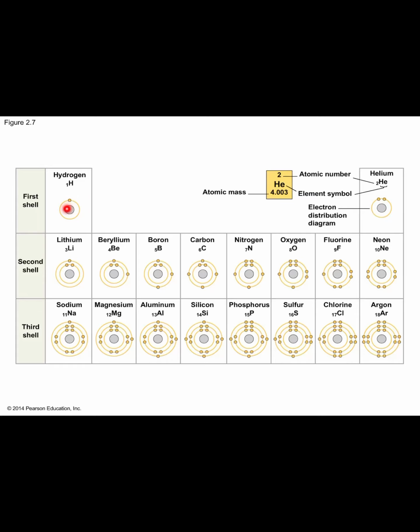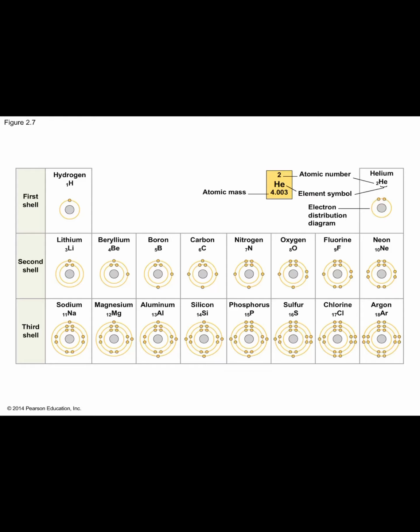So this first shell can hold only 2 electrons. Well, hydrogen's shell is only 50% complete. It has 1 electron. Therefore, it's reactive. Add 1 more electron plus a neutron and proton, you get helium, but the point is the electrons now, the 2, make that shell full, complete. So helium doesn't react. All right.